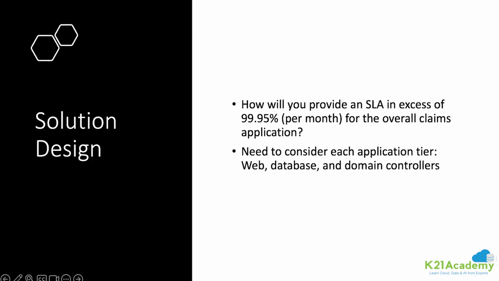So we need to think about how we can achieve this SLA of 99.95% or greater, right? Because that is expected month on month, and if it is achieved, then that is really a great solution approach they can have in place, correct?